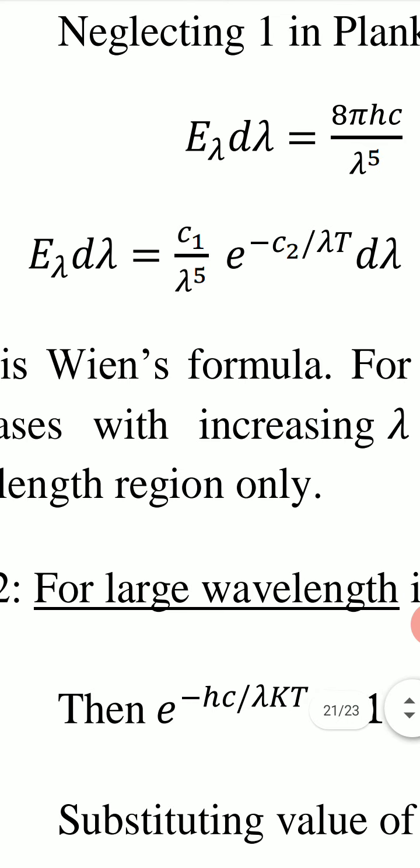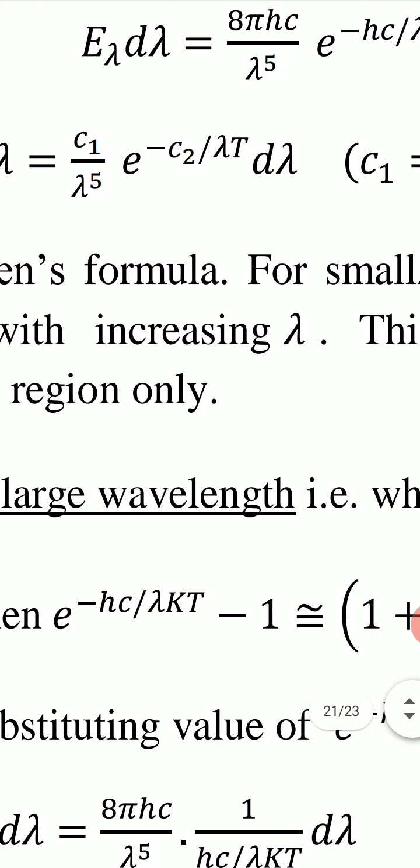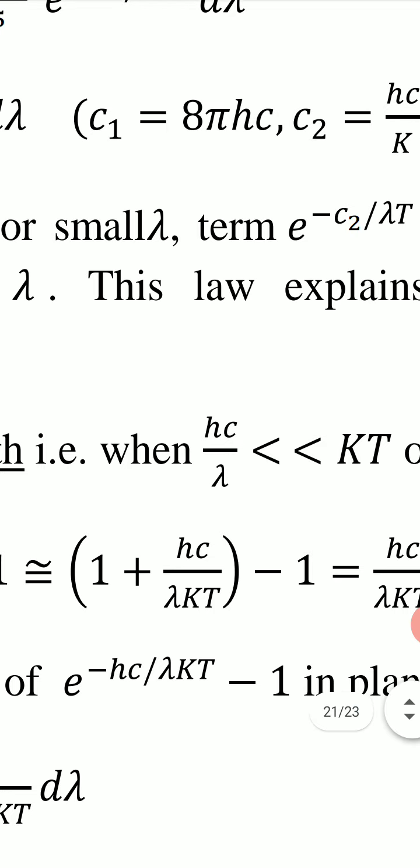So we find this formula for small wavelengths: E lambda d lambda equal to c1 upon lambda to the power 5, e to the power minus c2 upon lambda T, d lambda. This is Wien's formula for small wavelength lambda.